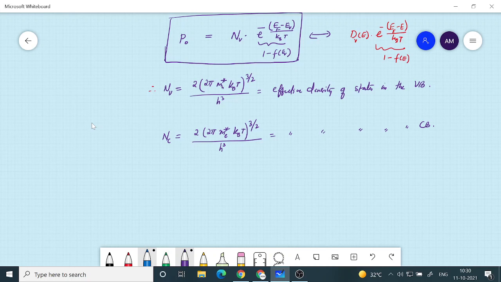so I can say as a conclusion, therefore, if we heat a semiconductor, then we are going to effectively increase the value of N0 and P0, because for N0 and P0, you see Nv, it is proportional to T raised to 3 by 2. So as temperature increases, Nv and Nc will increase.